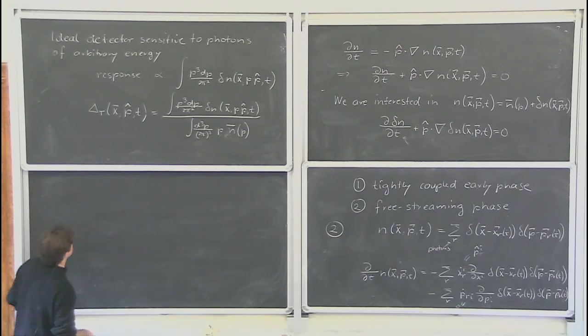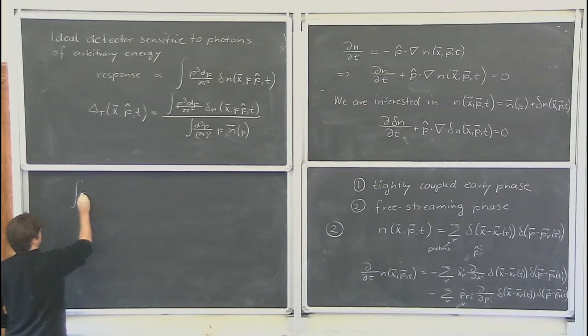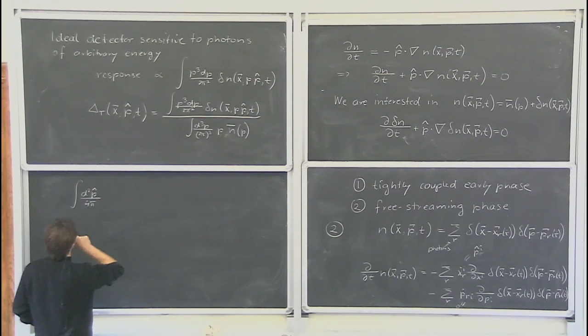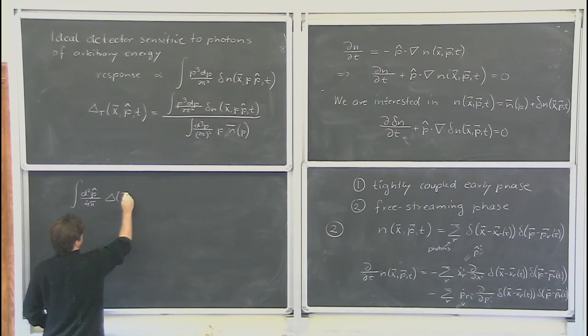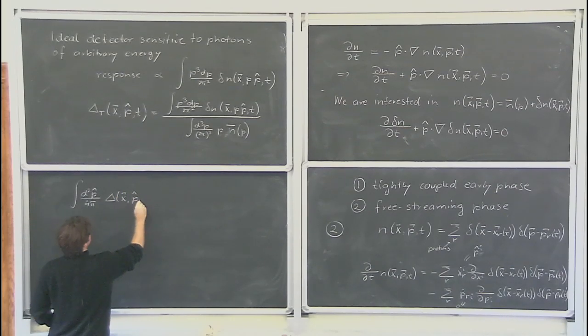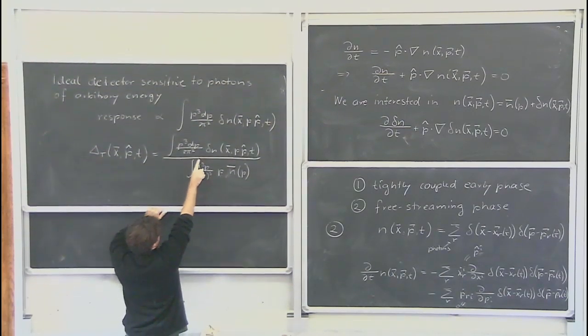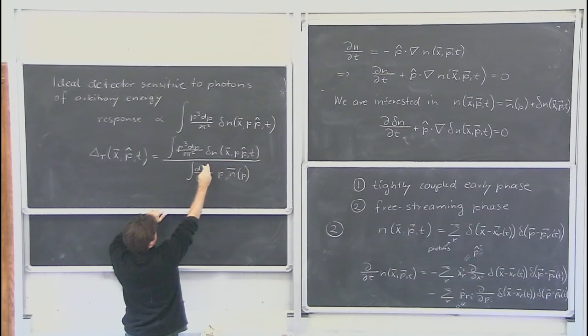If you average over direction, so you take the integral d2p hat over 4 pi of delta t of x, p hat, and t, then you see that this just becomes the same kind of integral with a p.